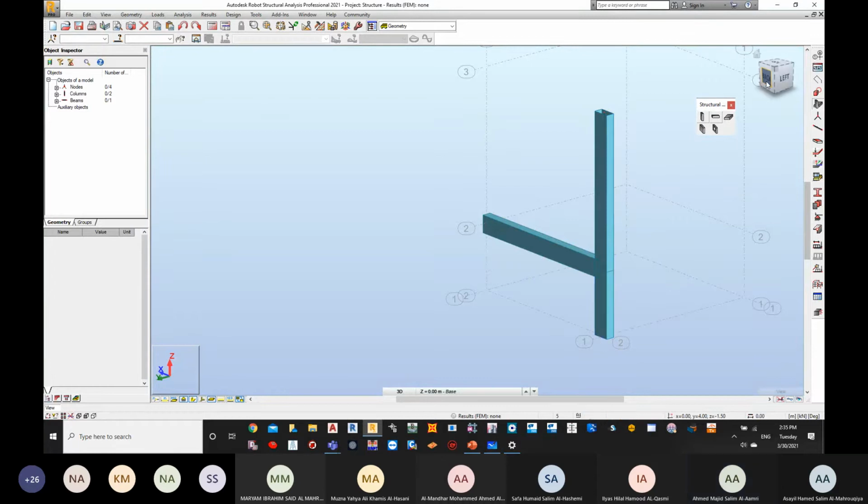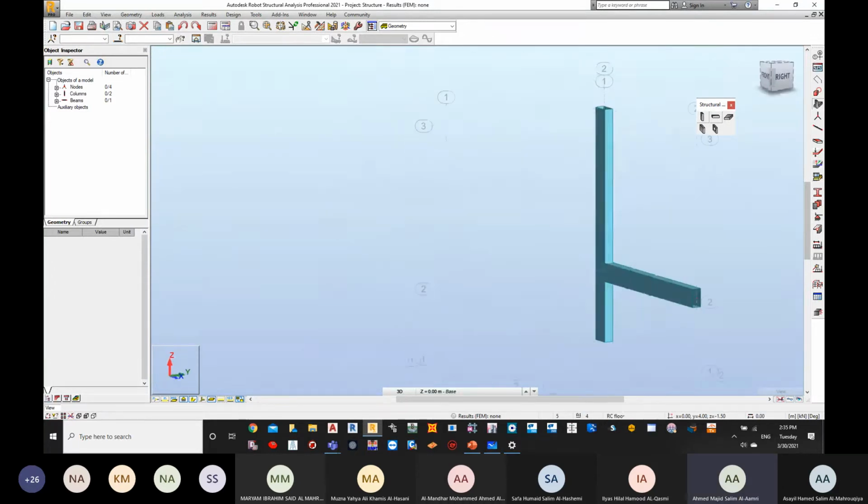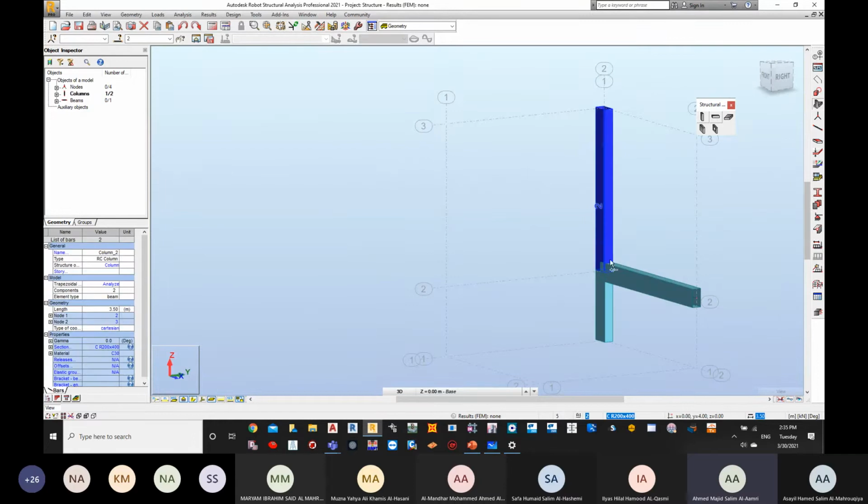From the first side, we cannot take the whole element as a column, because it has been separated by a beam. So this column is going to be 3.5 meter itself, and this is going to be 1.5 meter itself. A 1.5 meter column and a 3.5 meter column.